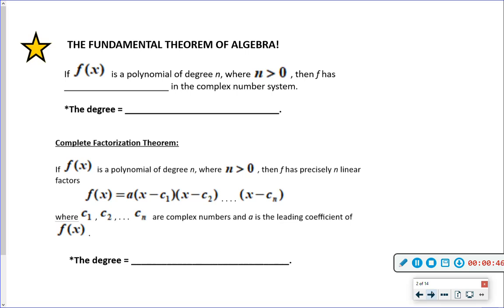So we are doing 3.5 today. It's called the Fundamental Theorem of Algebra. Sounds super fancy, but it's really not, and you really already know it. So if f of x is a polynomial, degree n is greater than 0, then f has at least 1 zero in the complex number system. Now, as always, these are so wordy.